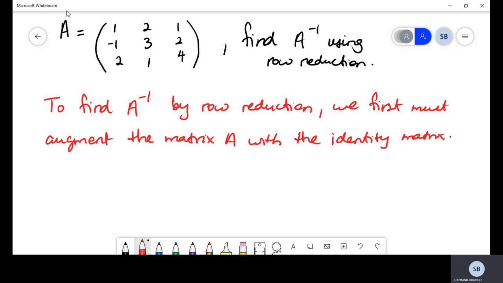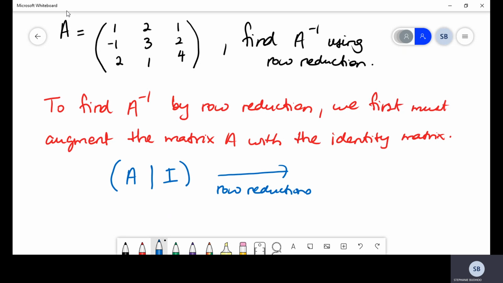All right, so pretty much in a nutshell, we want to augment A with the identity matrix, and then through a series of row reductions, we are going to try our very best to achieve the identity matrix on the left-hand side, and then whatever we get as a result on the right-hand side ends up being our inverse.